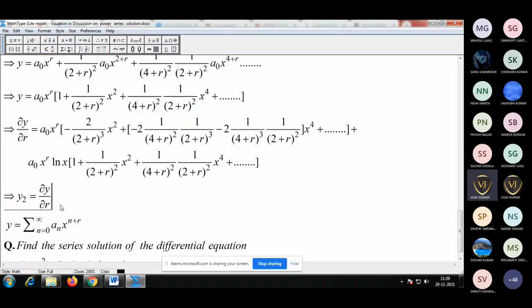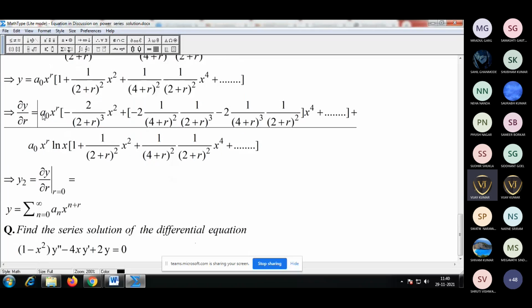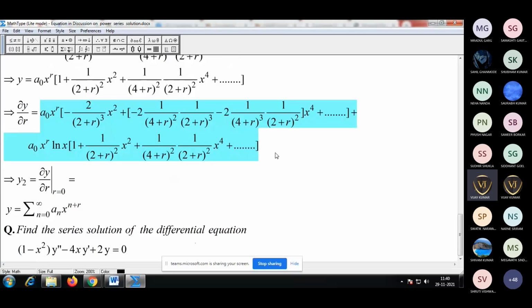This is equal to del y by del r already here. Just use r equal to 0. So r equal to 0, what will happen?